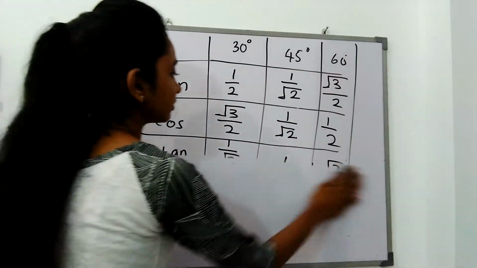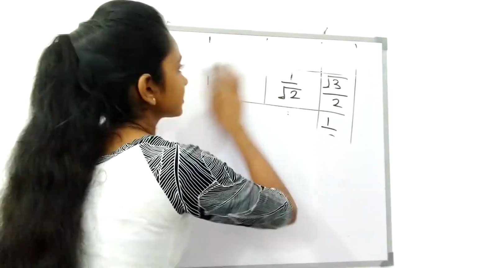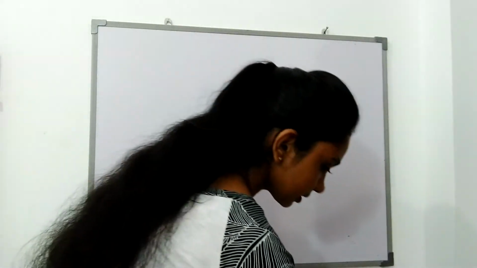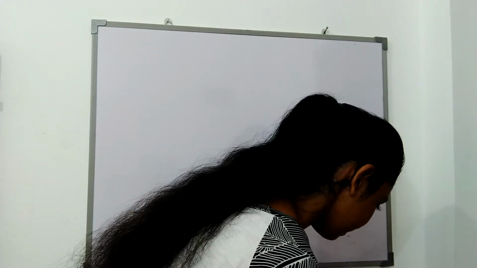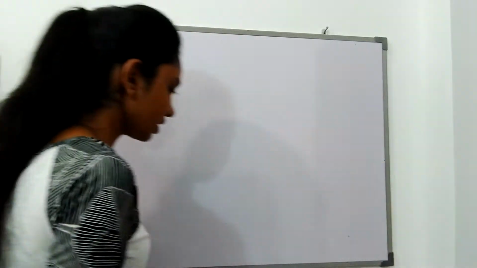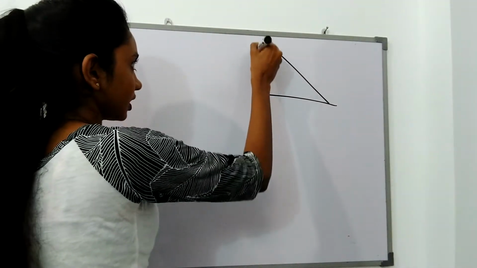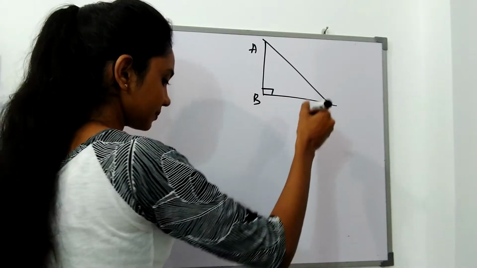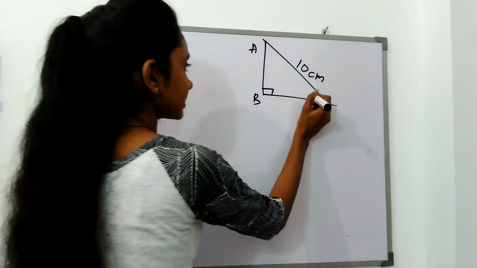Let's do one example substituting values like that. There's a triangle ABC, with angle B at 90 degrees. The hypotenuse AC is 10 centimeters and this angle is 30.